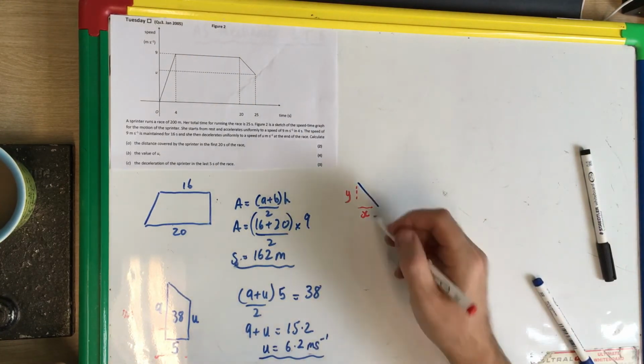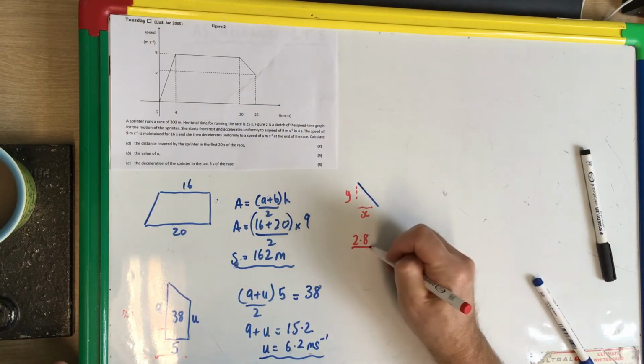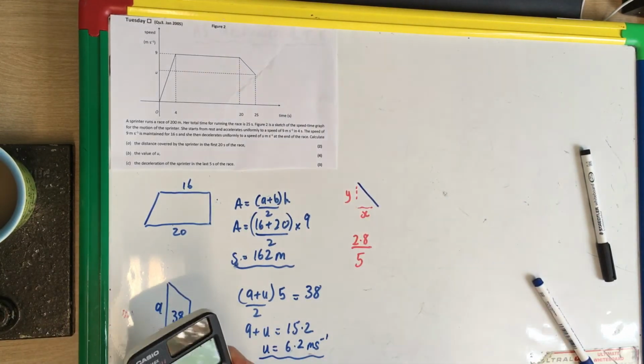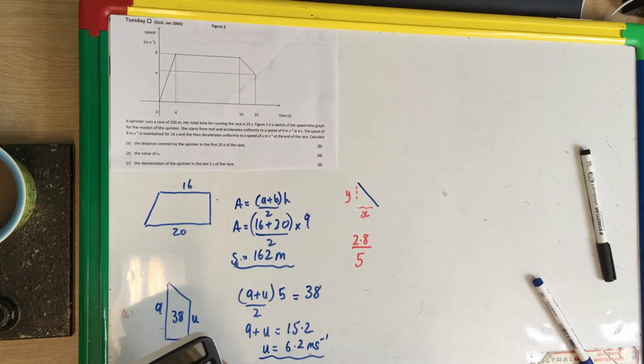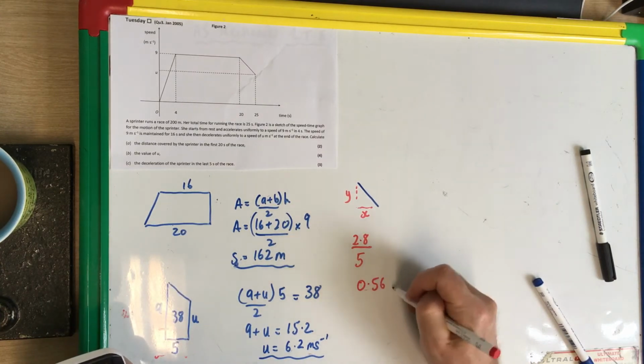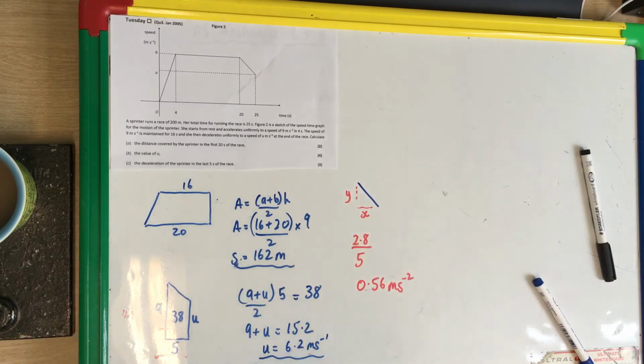So that's 2.8, and the x value is 5, so it's 2.8 divided by 5. 2.8 divided by 5 is 0.56. And that's a deceleration. So if you were to use that in Newton's equations of motion, you put a minus in front of it, wouldn't you, to show that it's a deceleration. It's slowing down by that per second.